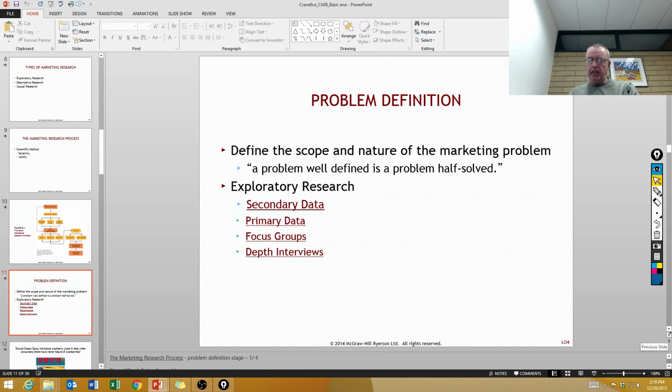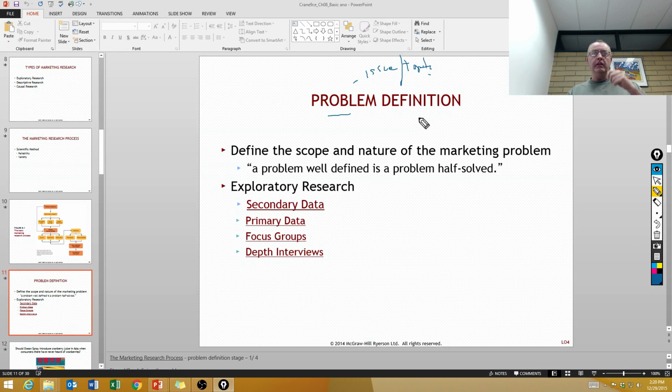Okay, so the first step in the marketing research process is defining the problem. And when we speak of the problem, what we mean is the issue or the topic of interest to us. As the book mentions, the word problem does not mean something has gone wrong. It's just the topic that we're interested in.